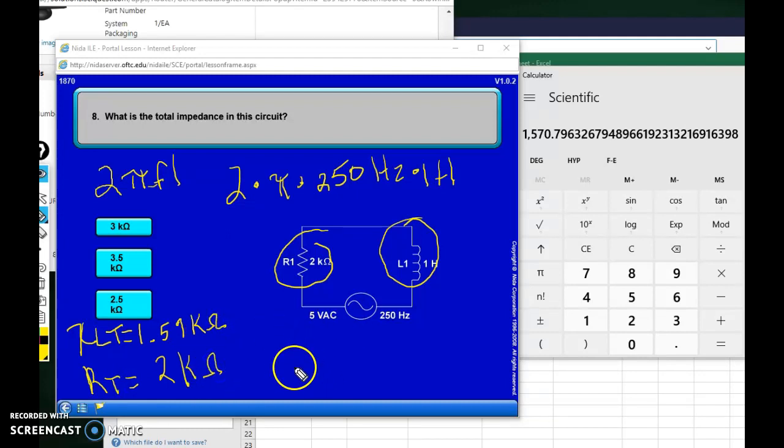So we cannot just simply add these two together to get our total impedance of this circuit.